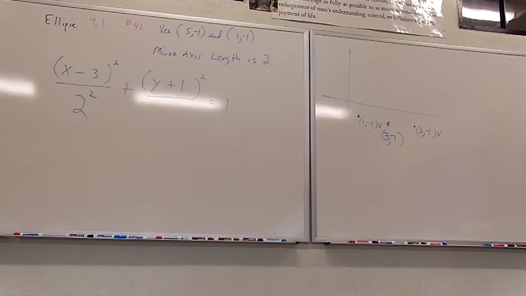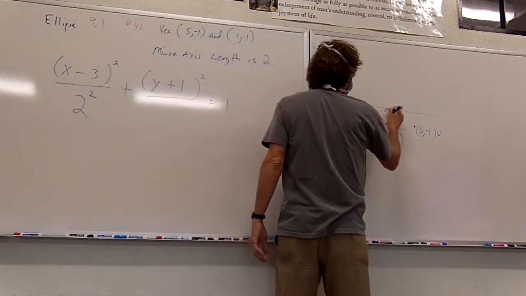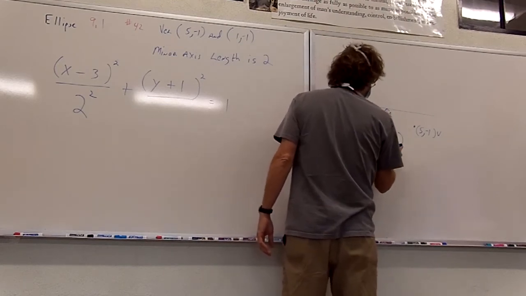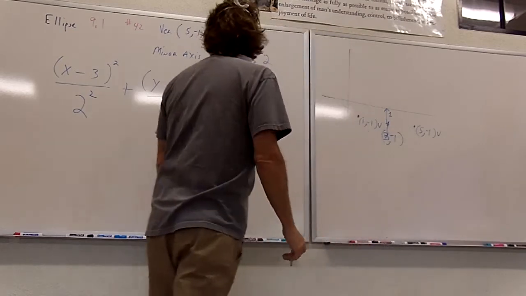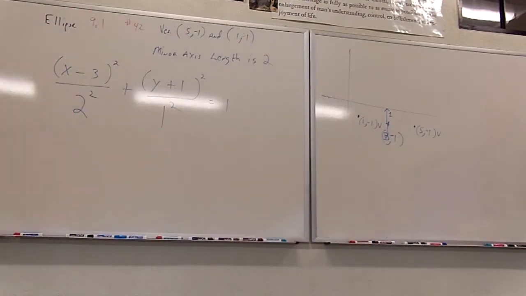Now, if my minor axis length is 2, that means I had to count 1 up and down. So I counted up 1, and I counted down 1. So I'm just going to put 1 squared there. And there we go.